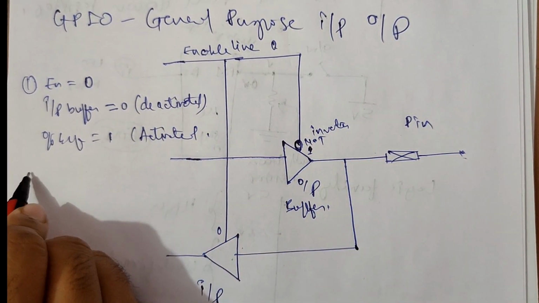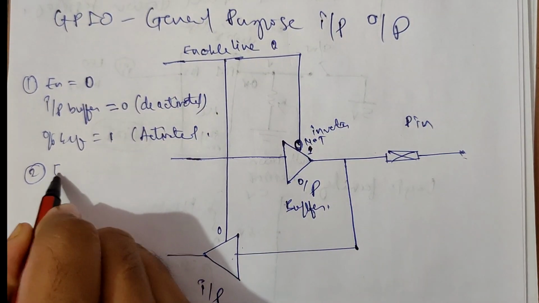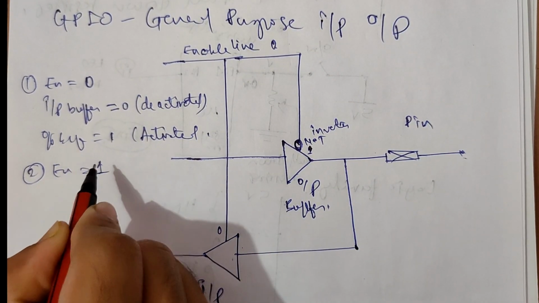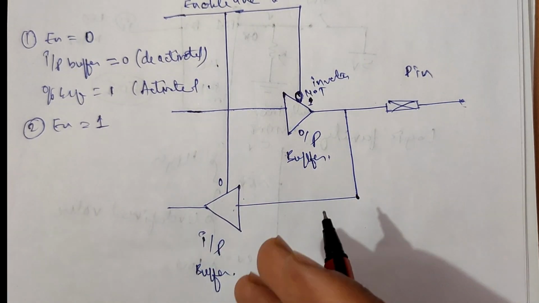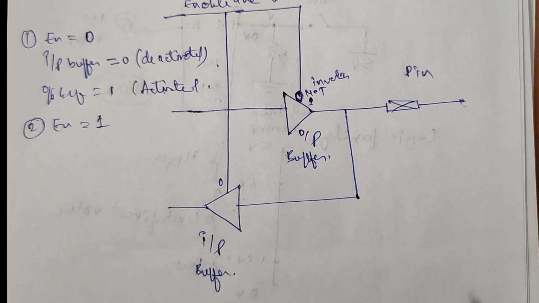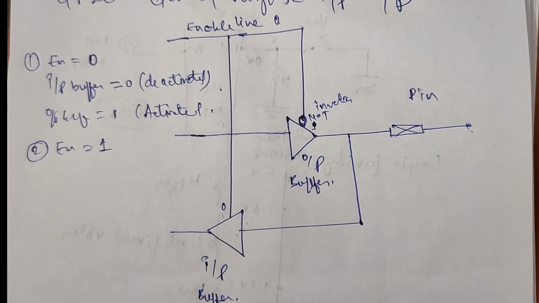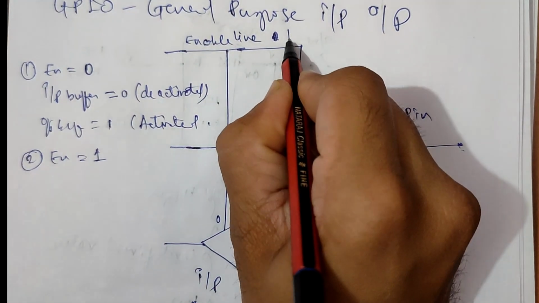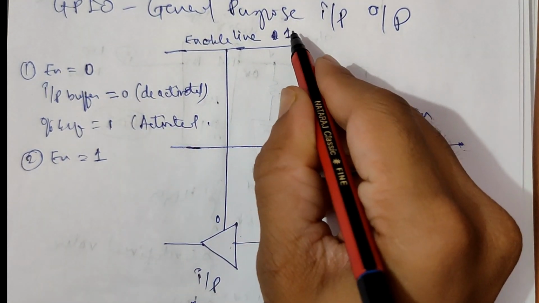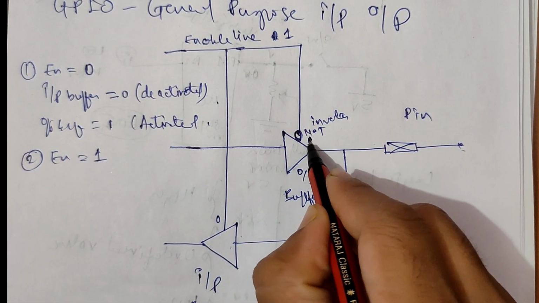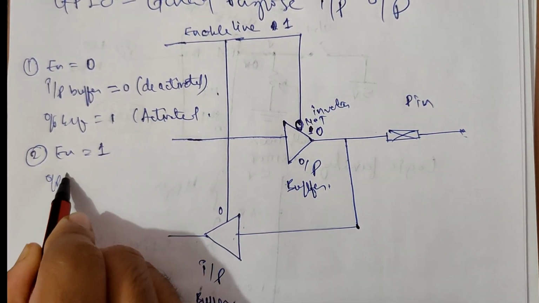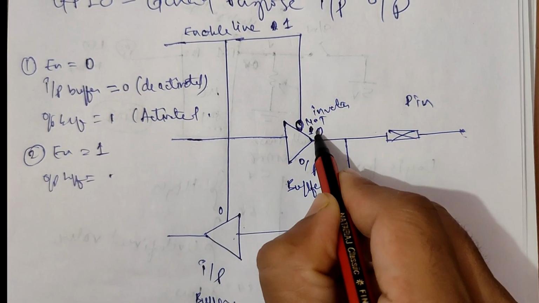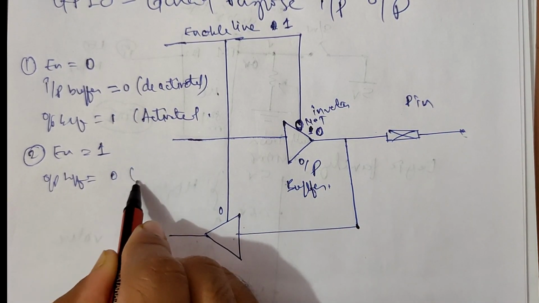Then again, when enable is 1, I am setting the enable line as 1. We can configure it in input mode. Again we go to the diagram. I am setting it as 1, then this gets inverted and converted to 0 here. So at the output buffer I am getting 0, so it is deactivated.